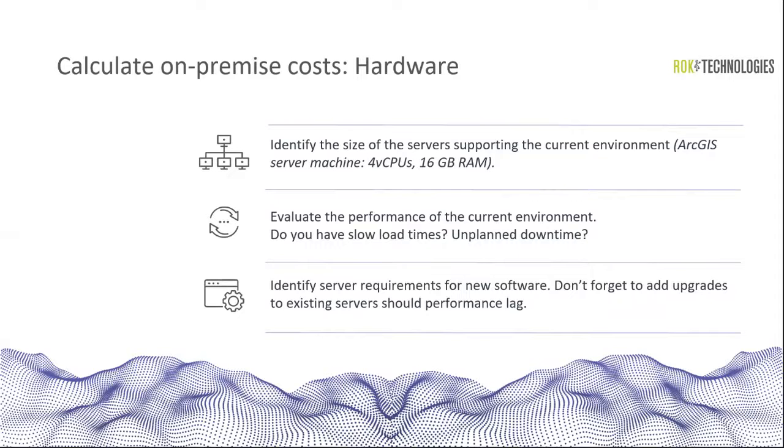Then you have to identify the server requirements for the new environment that you want to implement. What they did was identify those specific server requirements for that new modernized software that they envisioned. But also don't forget to add any upgrades to existing servers should performance lag.